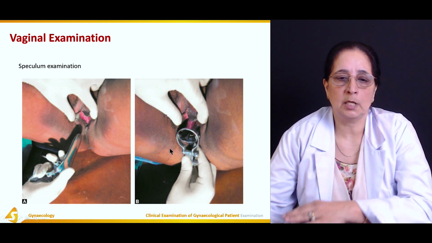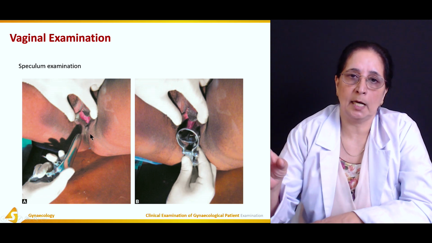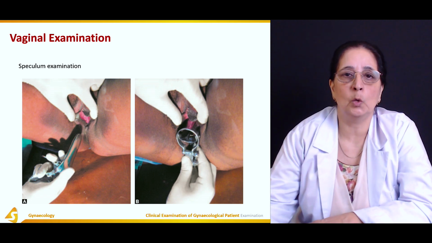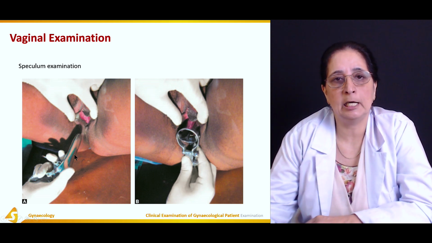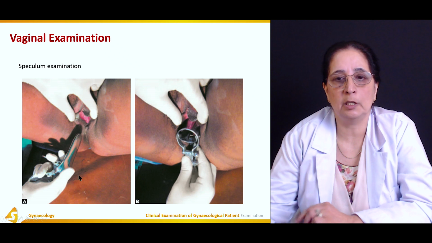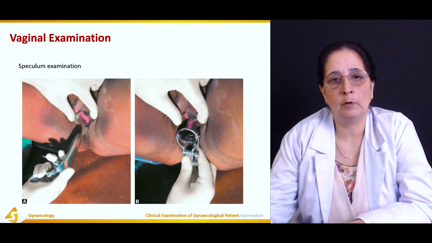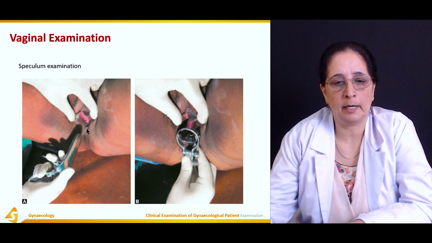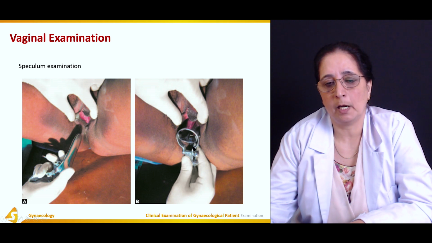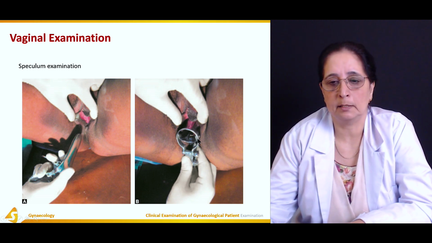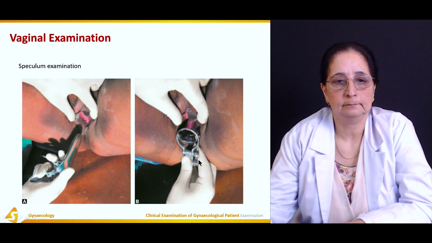So always go sideways, then twist inside the vagina and then slowly open it. This can avoid any pain or any injury. Good lubrication is also helpful for easy insertion of the vaginal speculum. So lubricate the speculum, go sideways, enter, and then turn it down and open the vaginal speculum.